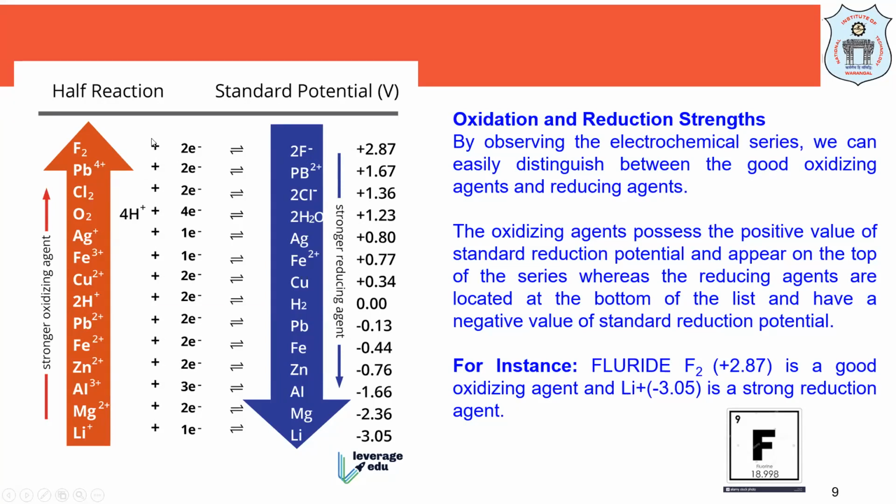By observing this electrochemical series, one can easily distinguish between a good oxidizing agent and a reducing agent. The oxidizing agents possess a positive value of standard reduction potential and appear at the top of the series, whereas the reducing agents are located at the bottom of the list and have a negative value of standard reduction potential.